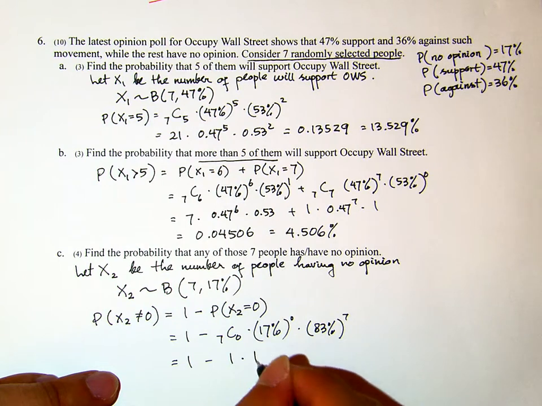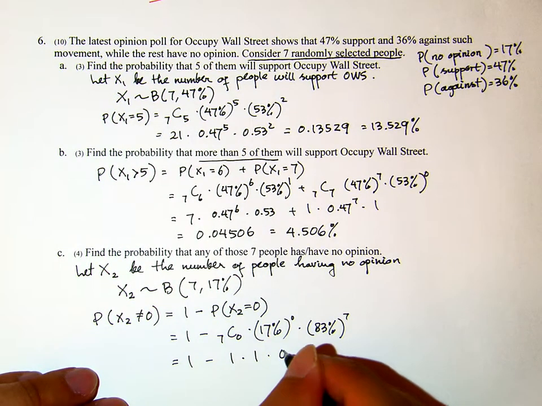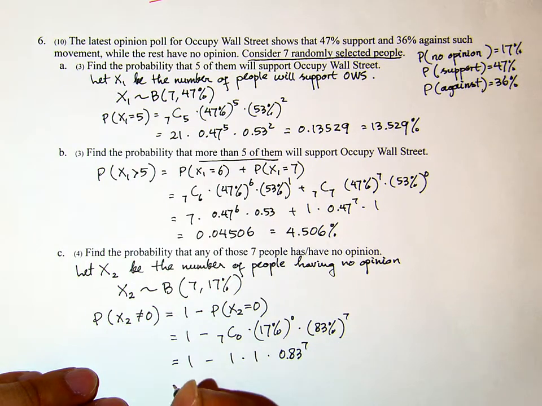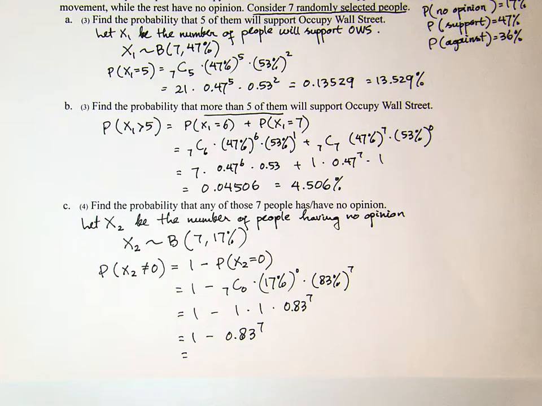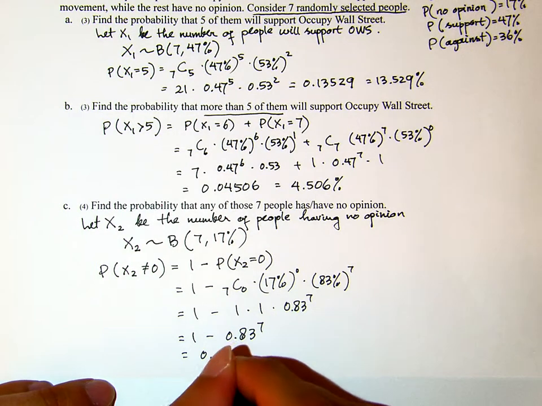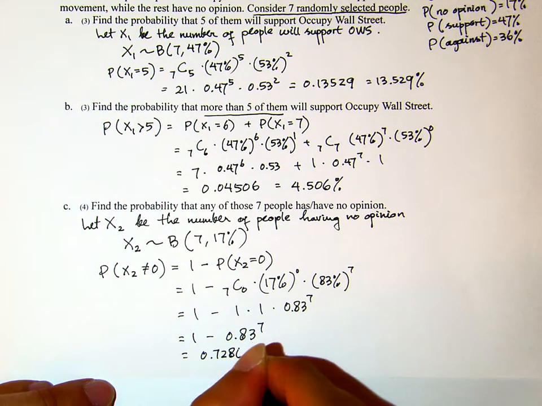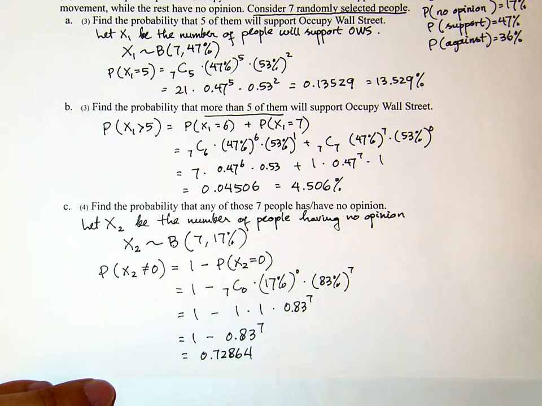This is 1 times 1 times 0.83 to the power of 7. So that's 1 minus 0.83 to the power of 7, which is 0.72864. So the probability that any of those have no opinion is actually quite high.